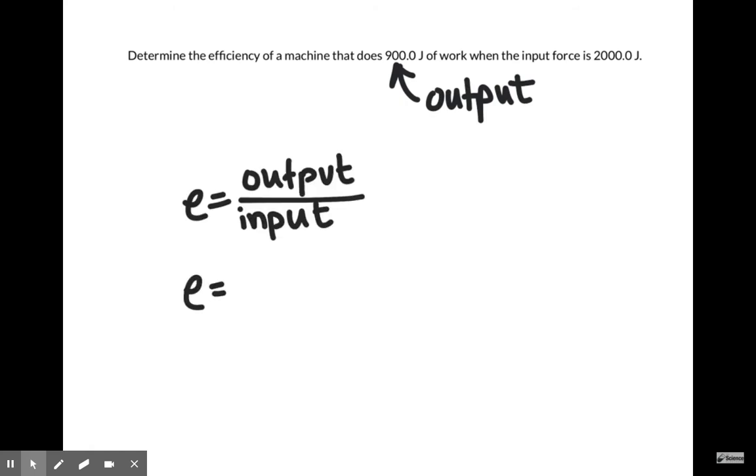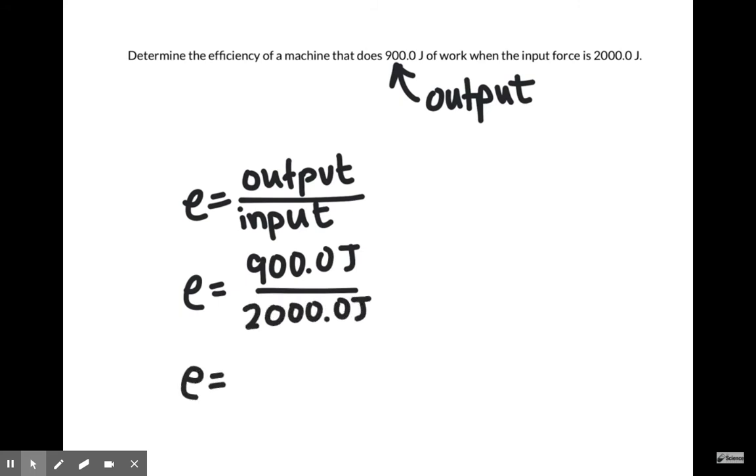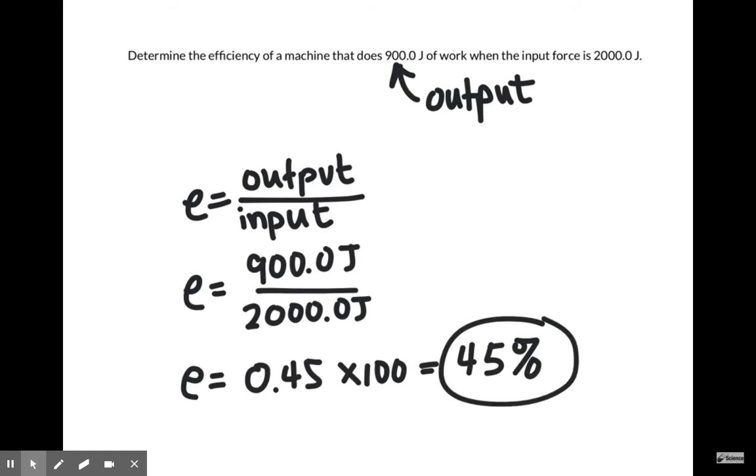And so here's our equation, output over input, and we can plug in 900 joules and divide that by 2,000 joules, and we end up with an efficiency of 0.45. Again, we're going to multiply that by 100 because it's better to report our answers in terms of a percent than a decimal. And so this machine is 45% efficient.